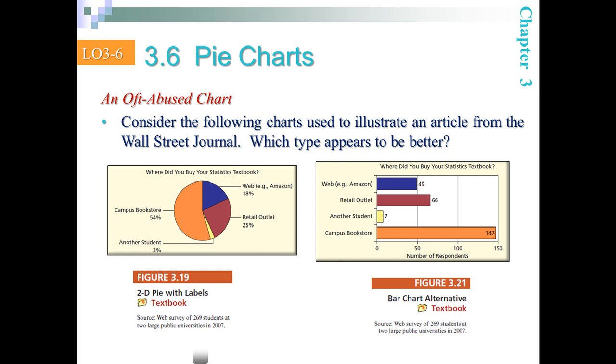And so oftentimes we are left with having to actually put the actual percentage in with these things. And if we're going to do that, we may as well just use a chart or a table. Not a chart, but a table.